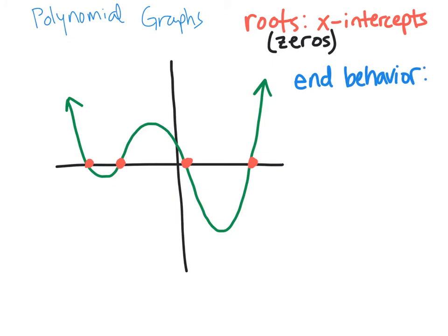And end behavior, y'all, is this fancy schmancy way of talking about what the graph is doing as you go to the ends of the graph. So the ends of the graph are going to be all the way this way, and then all the way that way. And you might think to yourself, well, self, what happens when I'm all the way to the left?